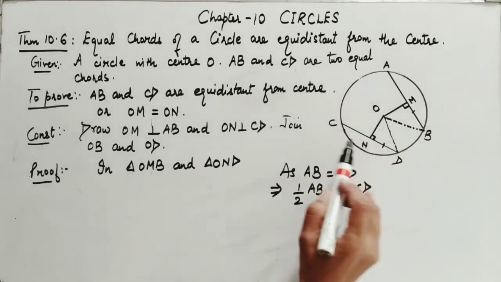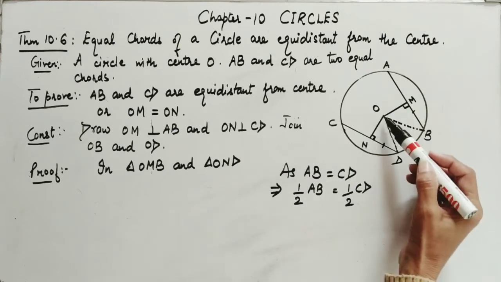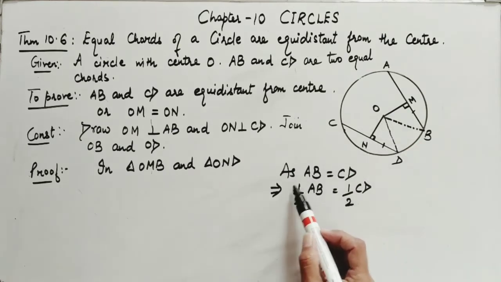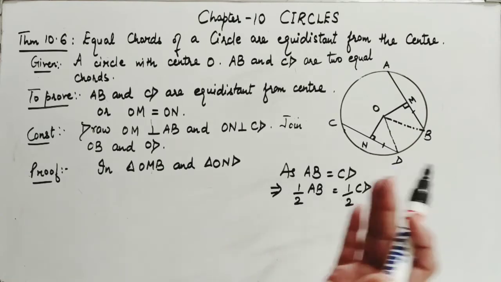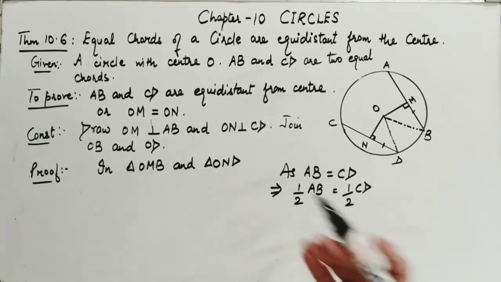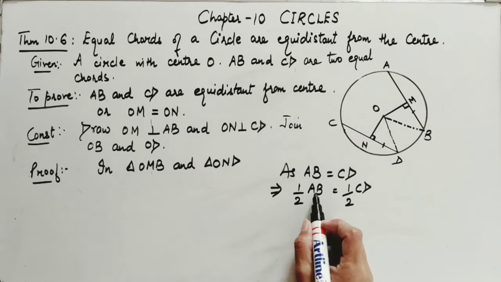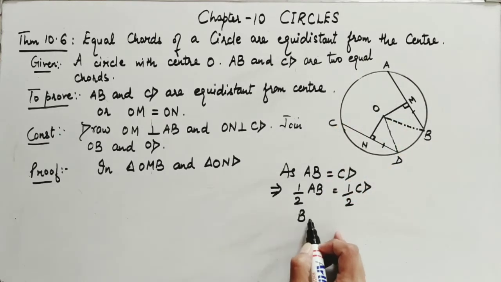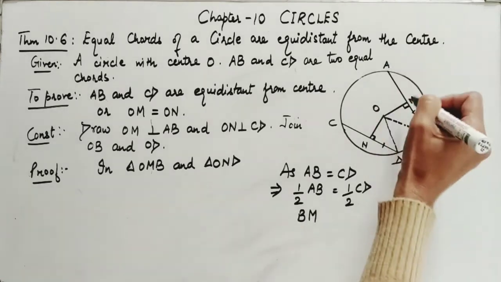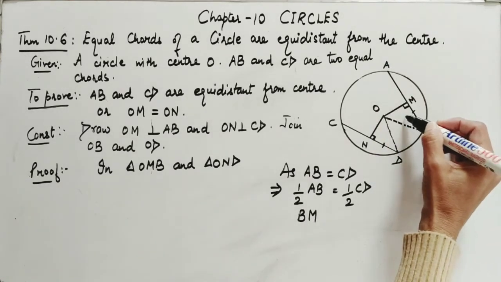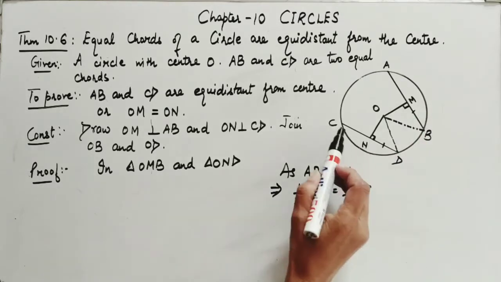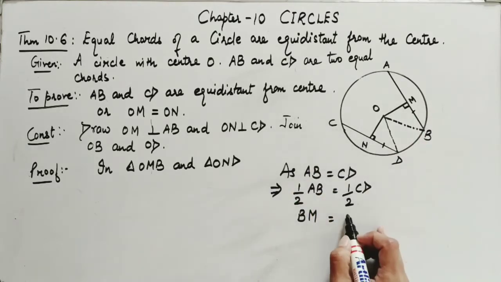Alright, so AB and CD, since they are equal, from center perpendiculars are drawn, and those perpendiculars would divide these parts into equals. So half of AB would be BM or AM, but we are talking about triangle OMB, so we would mention BM. Half of CD would be CN or DN.